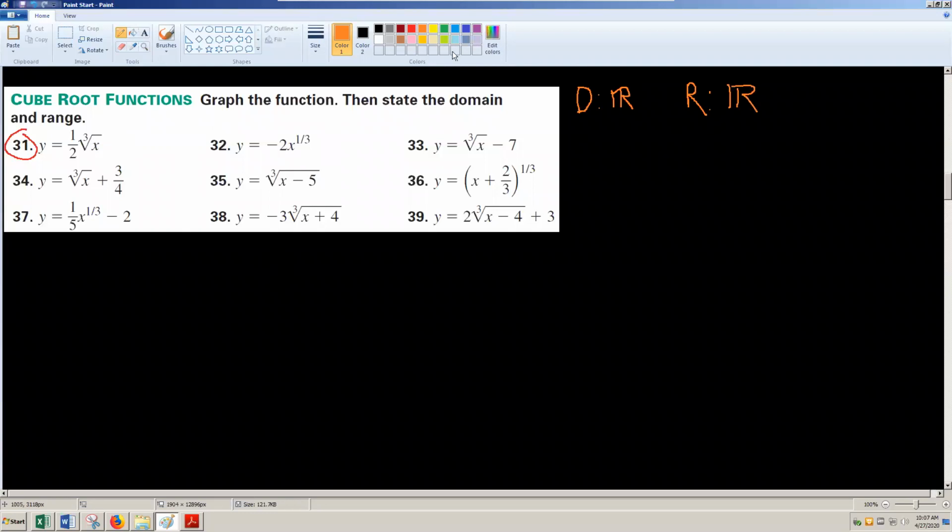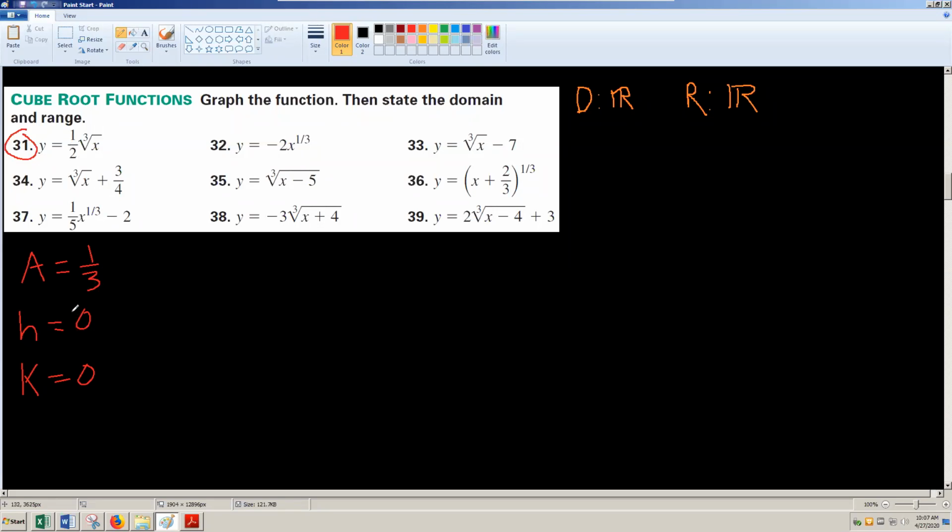So now that I got that out of the way, let's look at what this graph would look like. This thing has an a value of 1/3, an h value of 0, and a k value of 0. Not really much going on here, but that's okay.